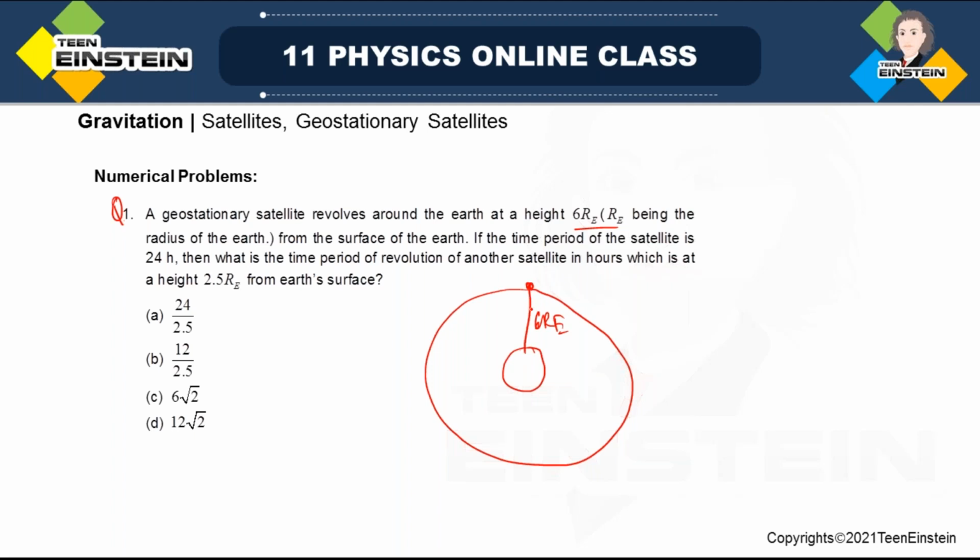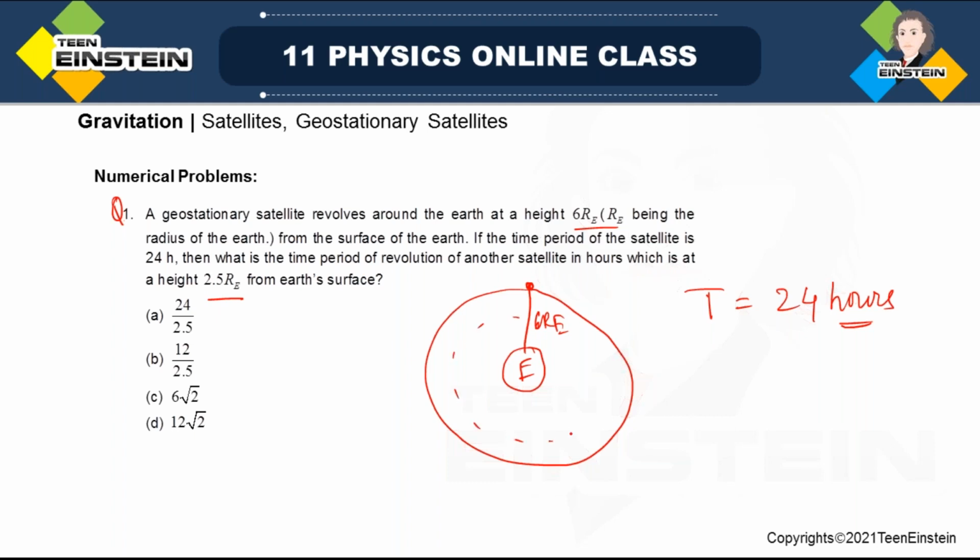A geostationary satellite, and as you know, this is Earth. That means it has a time period of 24 hours. Now, what is the time period of revolution of another satellite in hours, which is at this much distance away?